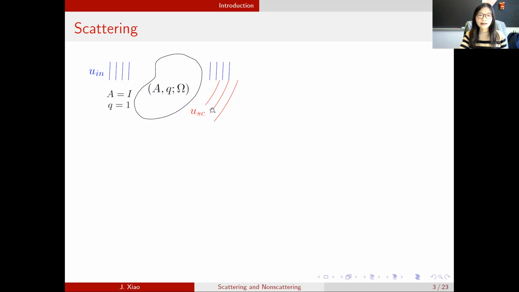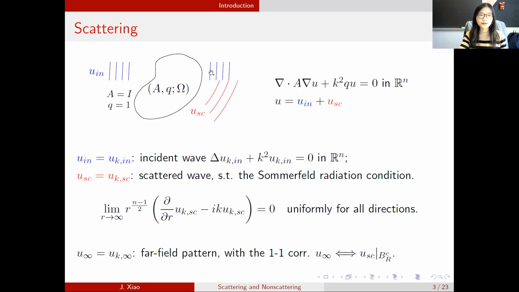Together, the incident and the scattered field will satisfy this equation. Here, A appears in the divergence form operator of the Laplacian, and k here is the wave number. We consider the time harmonic scattering, and u is the superposition of incident and scattered fields.